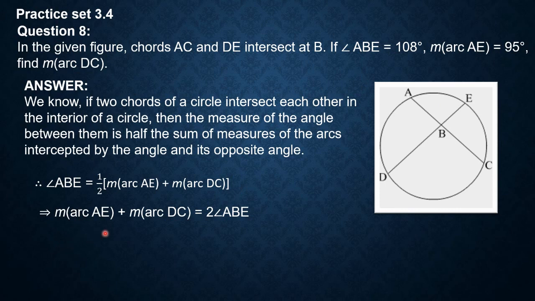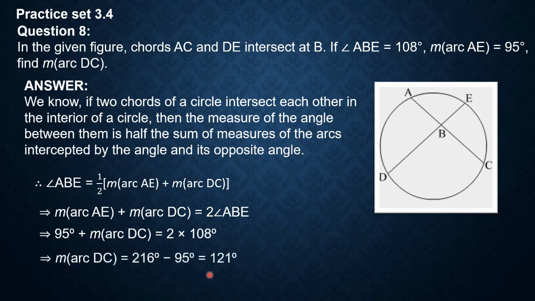Angle ABE is also given, that is 108 degree, so I've substituted 108. 2 into 108 is 216. We take this 95 to the other side, and it gets subtracted. So 216 minus 95 is equal to 121 degree. Thus the measure of arc DC is 121 degree.